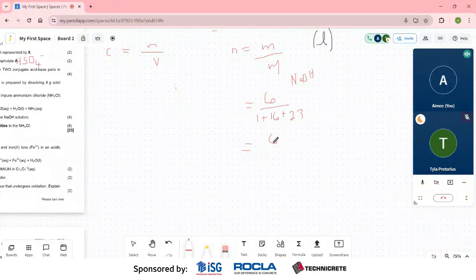So it becomes 6 divided by 1 plus 16 plus 23. So it's 6 divided by 40. So what is the number of moles that I have? I have 0.15 moles of NaOH.